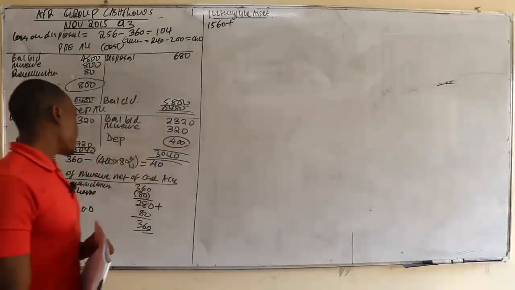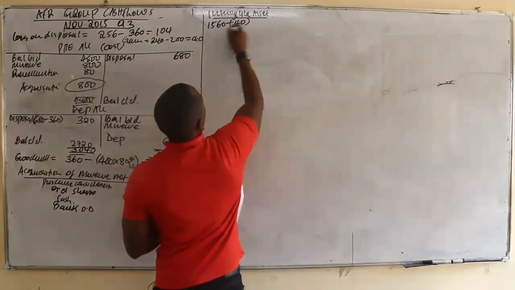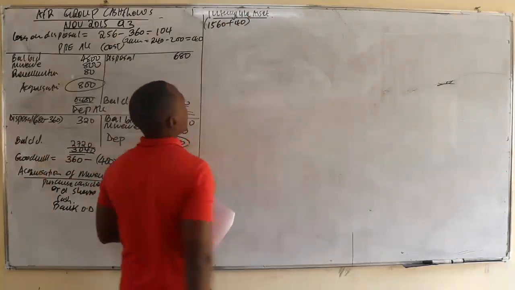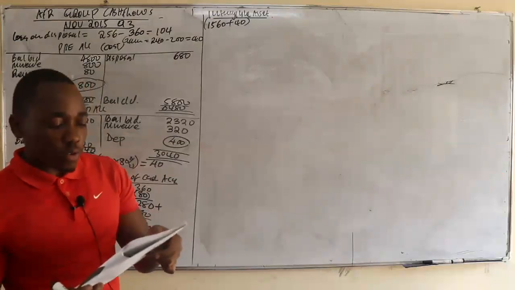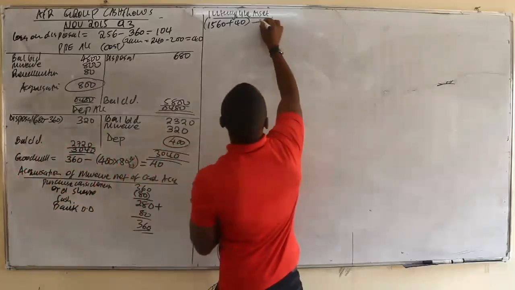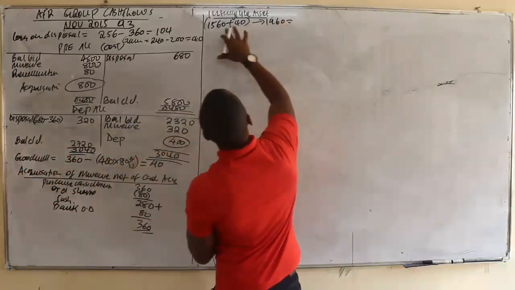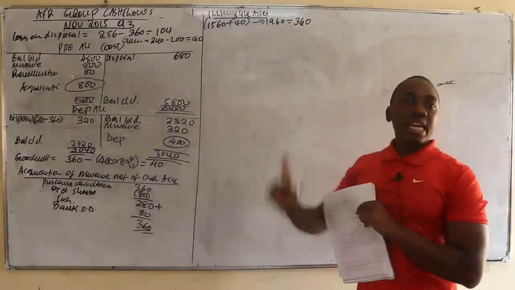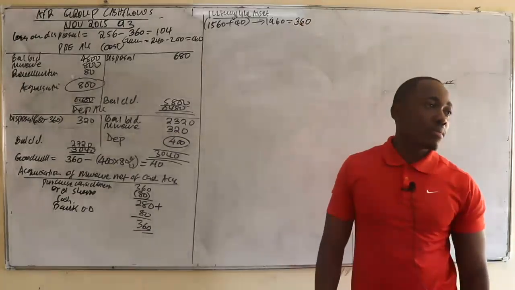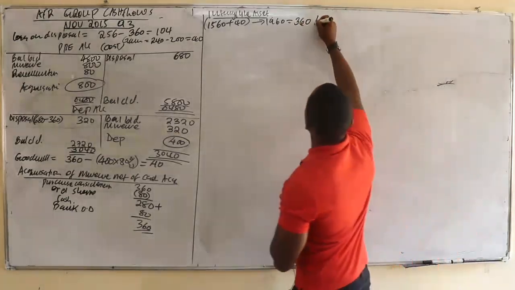Of how much? 40. If you take 1560 plus 40, you're supposed to be adding how much? 1600. But compare that against the closing balance, which is 1960. From 1600 to 1960, there is an increment of 360. An increase. What can make your intangible asset to increase? Acquisition. Good.